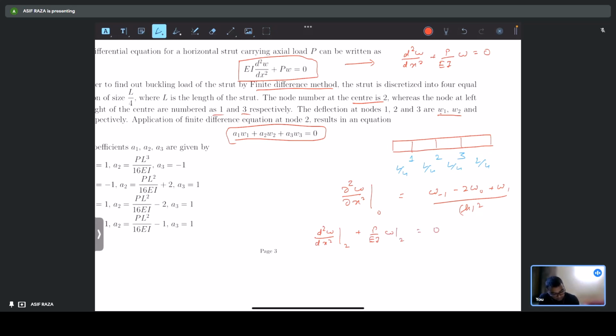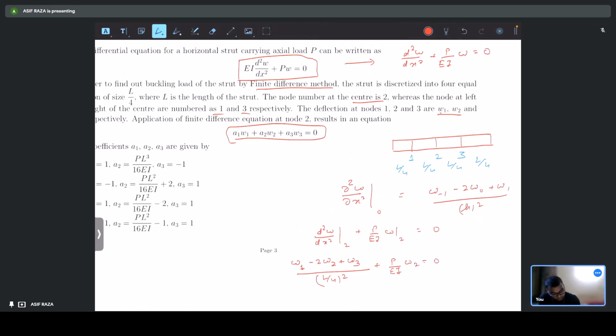This will give me (w1 minus 2 w2 plus w3) divided by the length of my element, L by 4, whole square, plus P by EI w2 equal to 0.